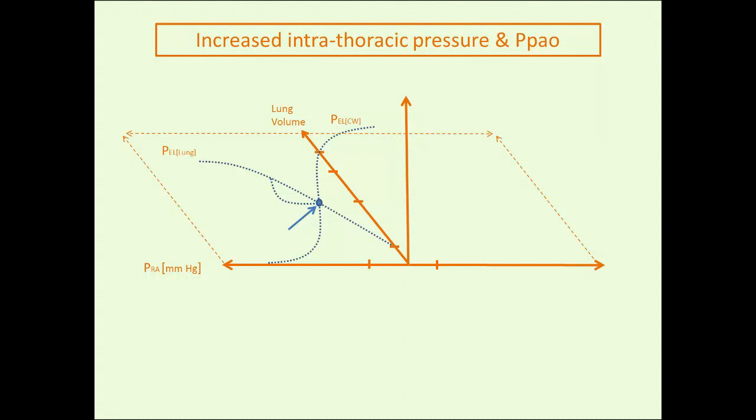So this is going to illustrate the relationship between changes in intrathoracic pressure, specifically an increase in intrathoracic pressure via Valsalva maneuver, and changes in the pulmonary artery occlusion pressure. So on the Campbell diagram here, this is essentially a normal patient with normal pulmonary elastance, normal chest wall elastance, and normal dynamic properties of the lung.